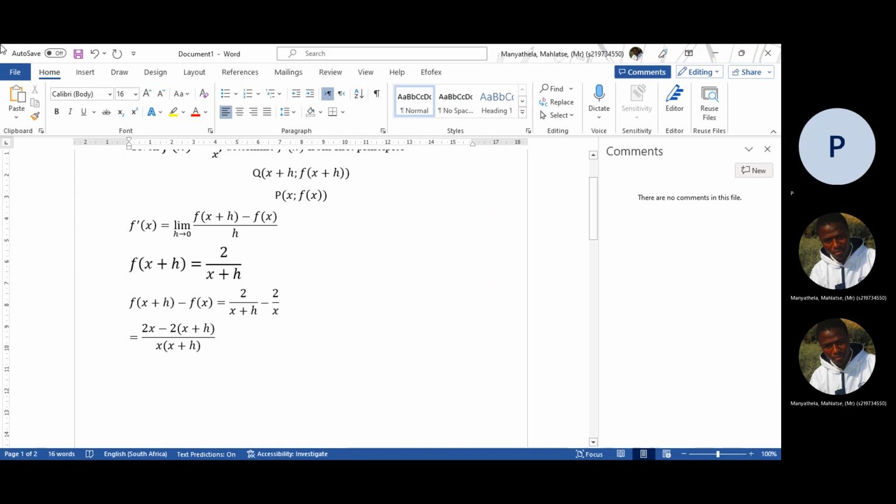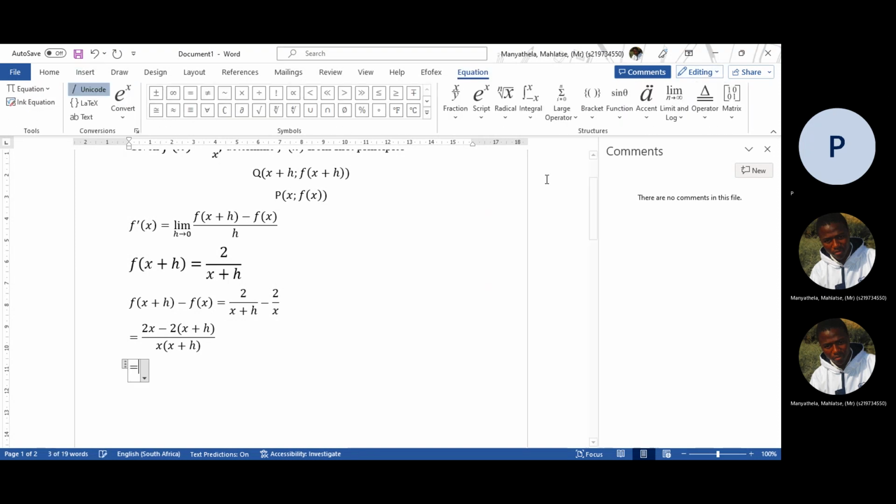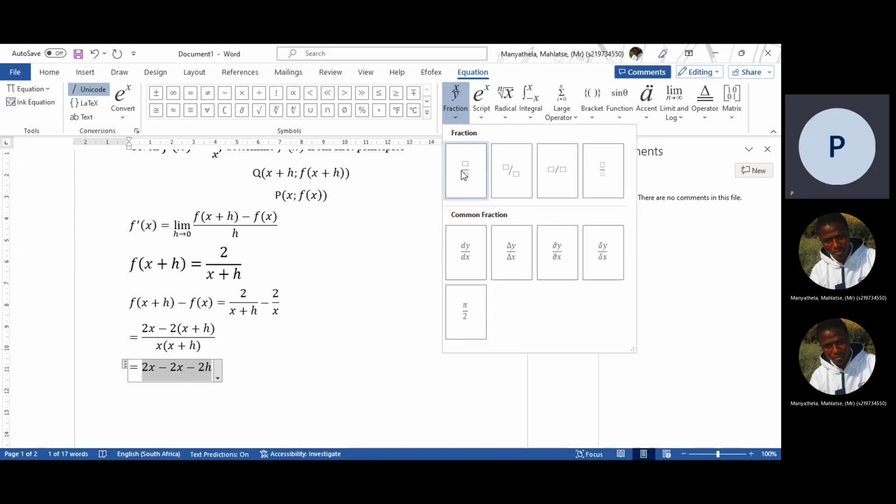This is what we're going to have: 2x, which is already there, minus 2x, because it's negative 2 multiplying x, and minus 2h, because it's negative 2 multiplying positive h. So positive times negative becomes negative.